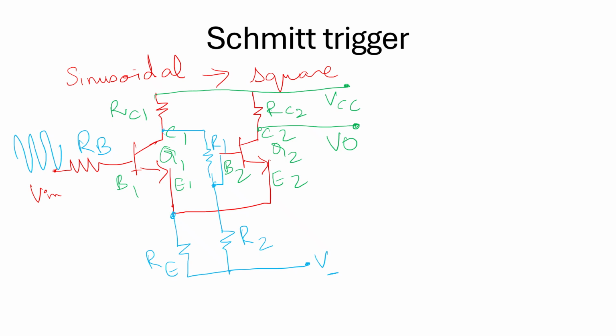The sinusoidal waveform is converted into asymmetrical output waveforms, and we could collect two different waveforms from the output of collector C1 as well as C2.